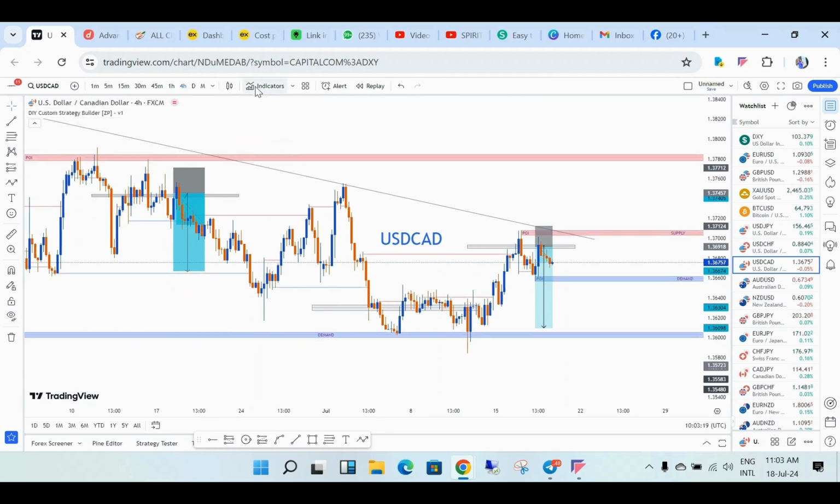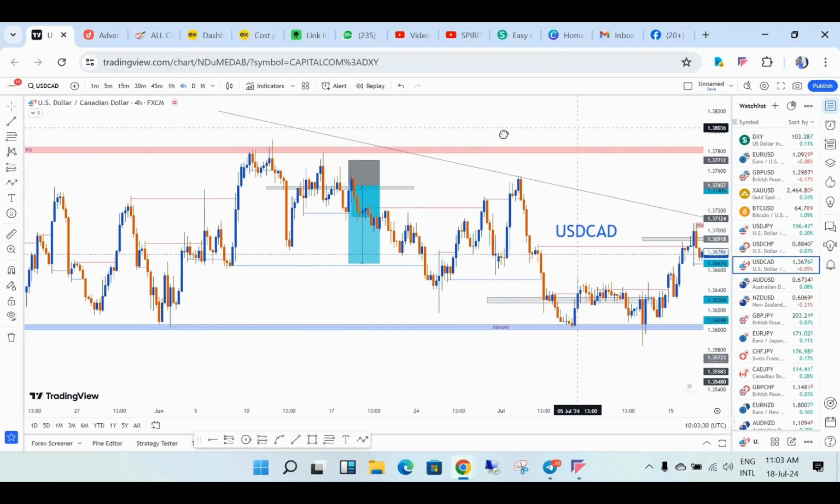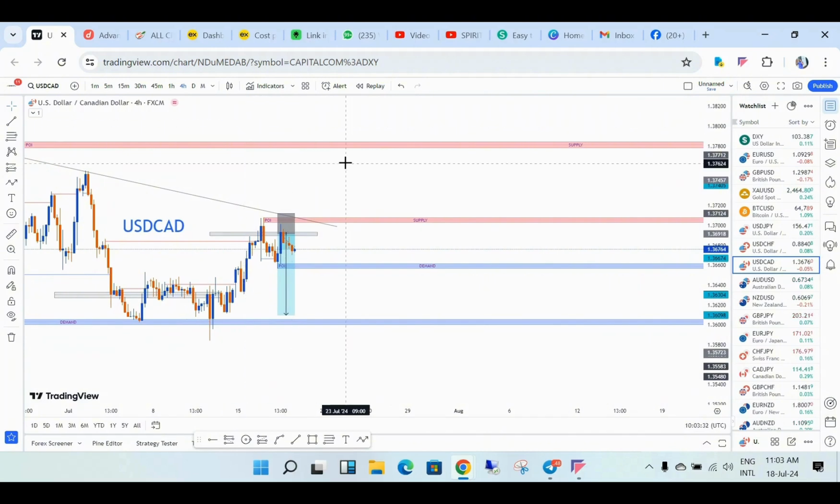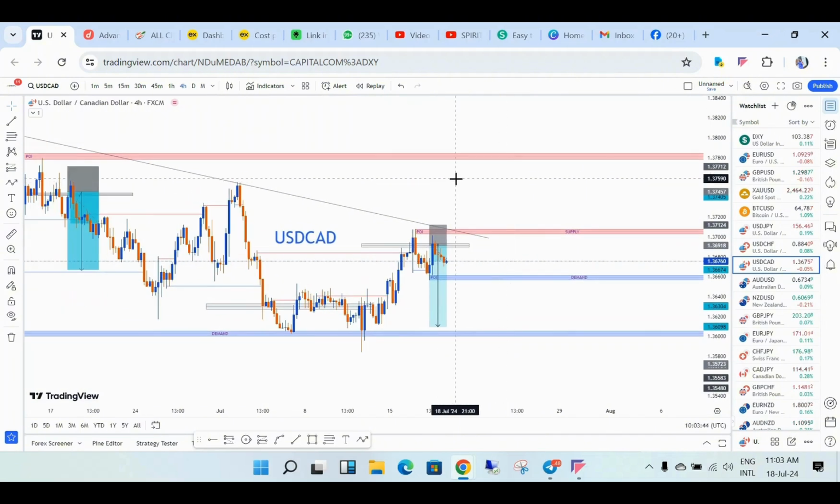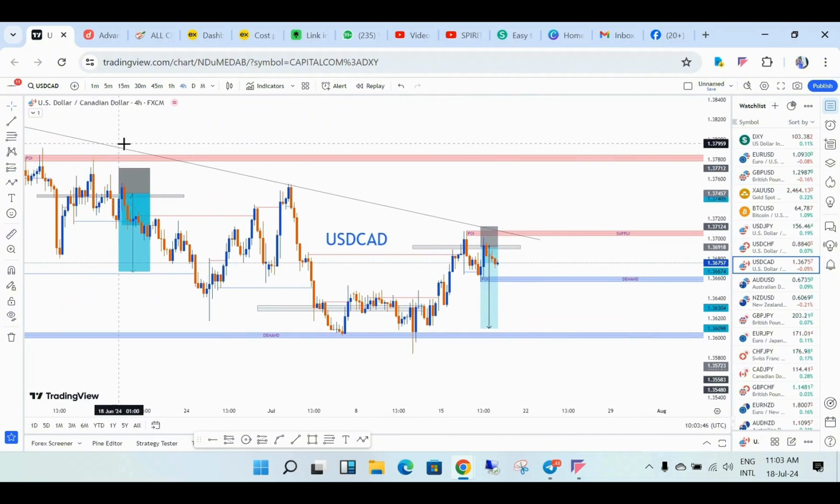All right, so we are going to be switching on an indicator, which is this indicator here. You can go on your indicator bar here and just search for demand and supply. There are different indicators that give you demand and supply. All right. So as you can see, look at it. Supply, supply, demand, demand. The blue stands for demand, and the orange or red, whichever, stands for supply. All right. So now I have detected the trend.